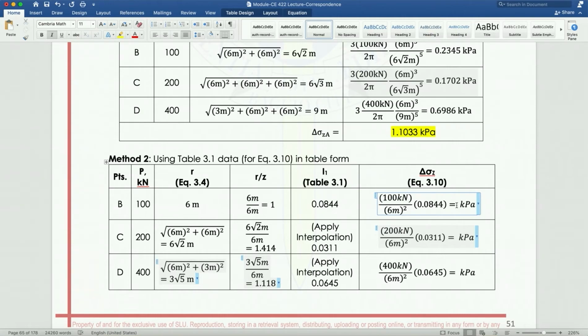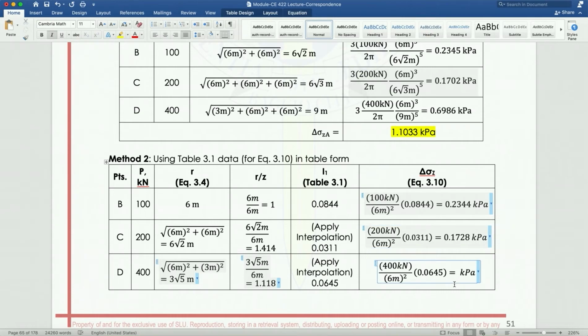Okay, so for point B, we have x is equivalent to 100, then y is equivalent to 0.0844, therefore it is 0.2344. Okay, next for B we have 200, then we have 0.0311, then that is equivalent to 0.1728.